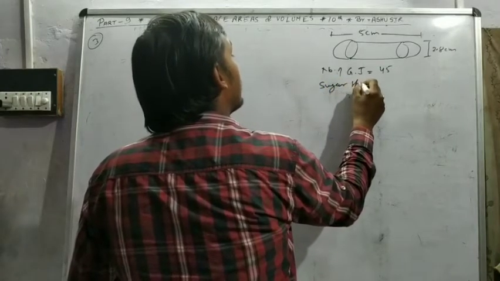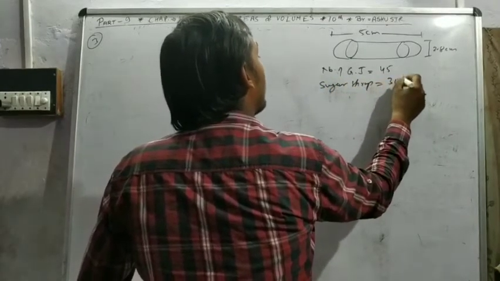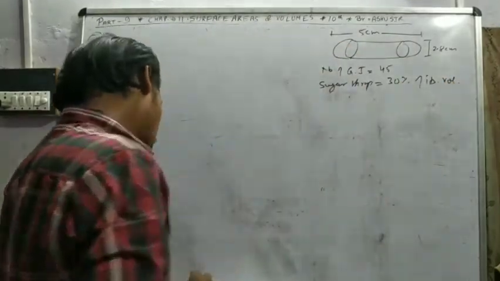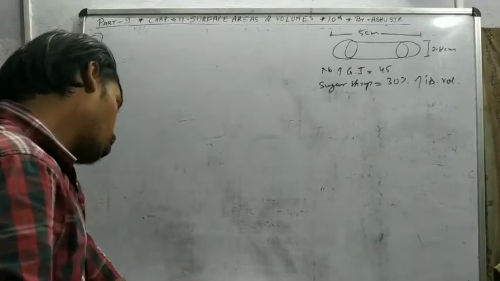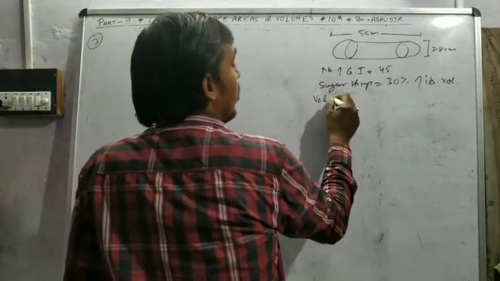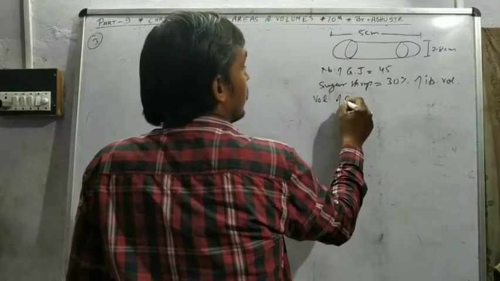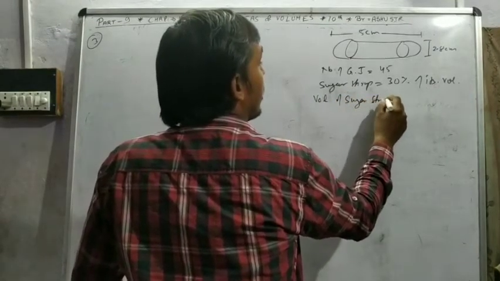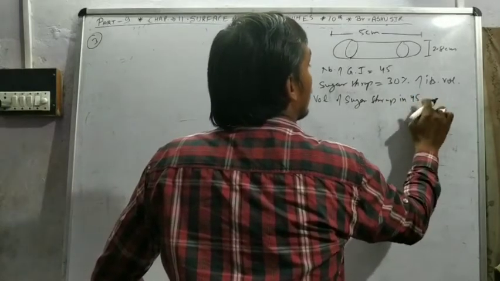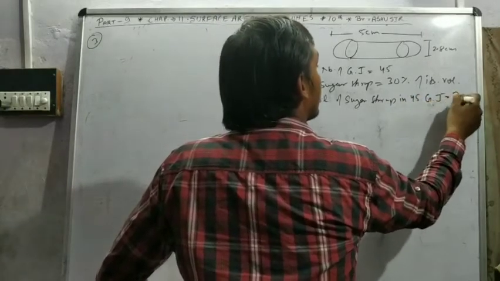The sugar syrup is 30% of its volume. So we want the volume of sugar syrup in 45 gulab jamun.